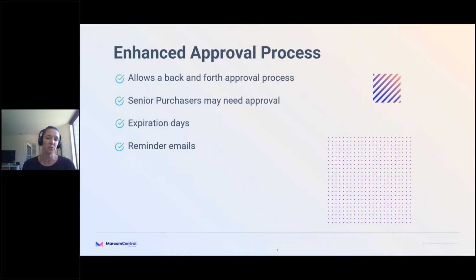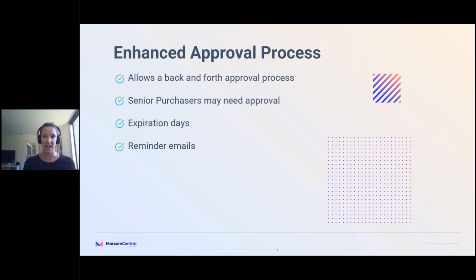A little bit further information on the enhanced approval process. Like I said, it allows for that back and forth. The approver can deny an item that will be sent to the purchaser to fix. So if a purchaser or a senior purchaser, this is what's different about the enhanced approval process. It can be a purchaser or a senior purchaser. Technically, in the regular approval process, a senior purchaser can always order all the way through, never has to have any item approved.